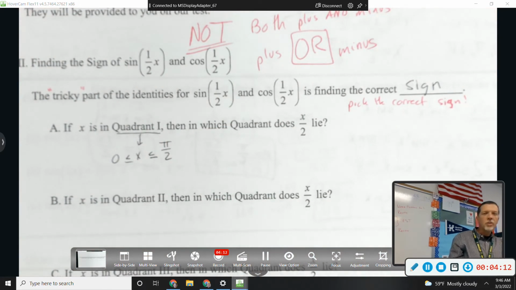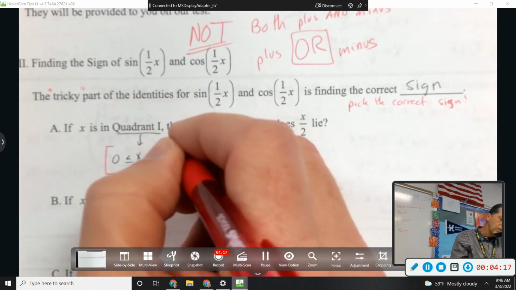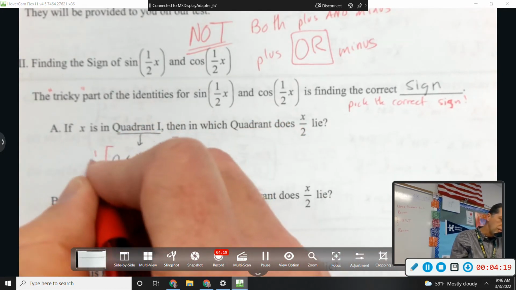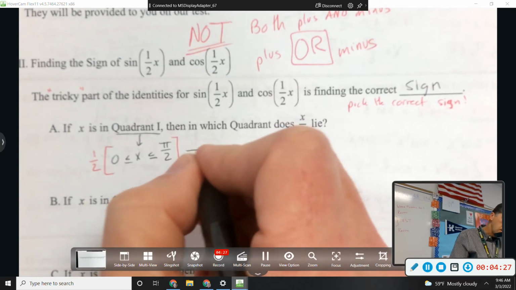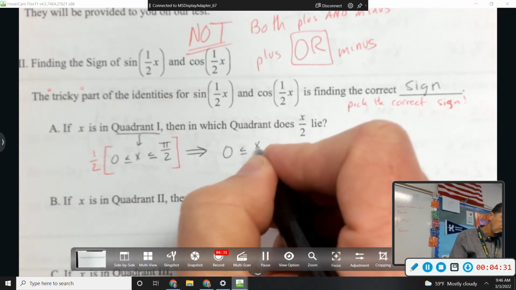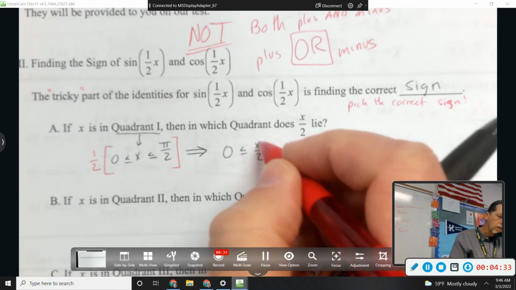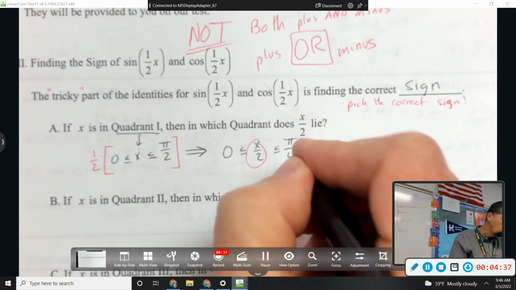So if we want to know where x over 2 is, we're going to do something that we don't often do, and that is multiply an inequality by something, especially when it's already solved for x. So 0 less than or equal to x over 2, that's what we're looking for, less than or equal to pi over 4.